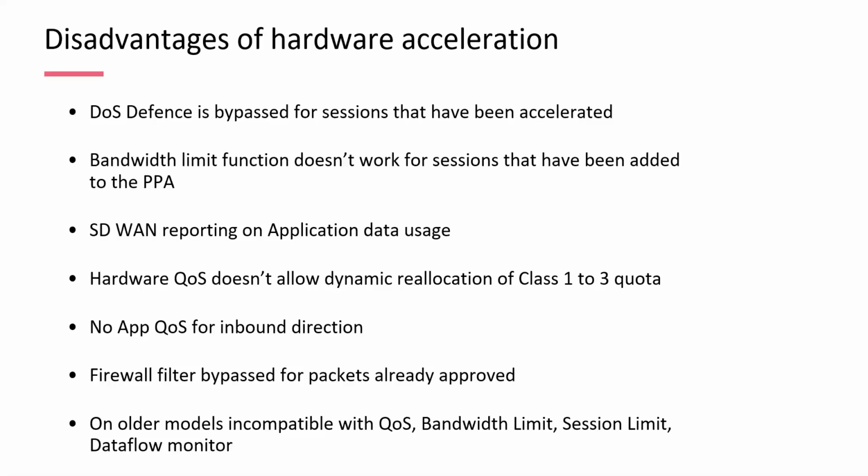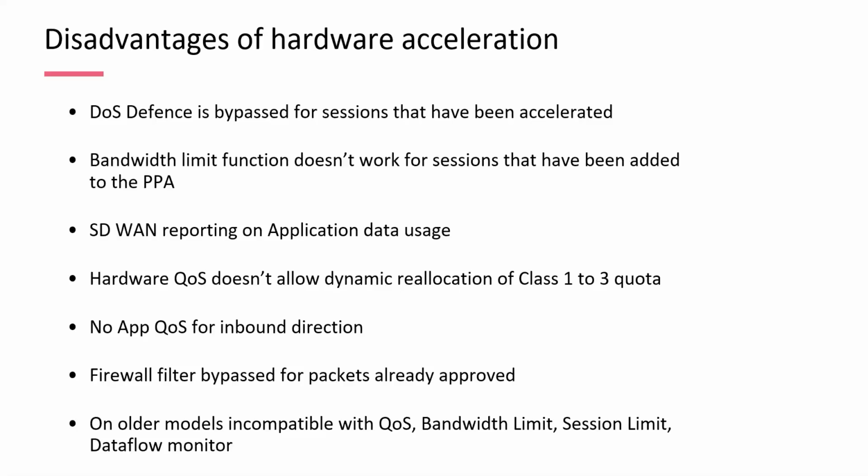It will be checked when the session first comes in, but once it's been passed, then that specific session is accelerated. The bandwidth limit function doesn't work for sessions that have been added to the PPA, because once it's put in there, it's just going to get really fast speed, and the bandwidth limit function isn't able to monitor that.